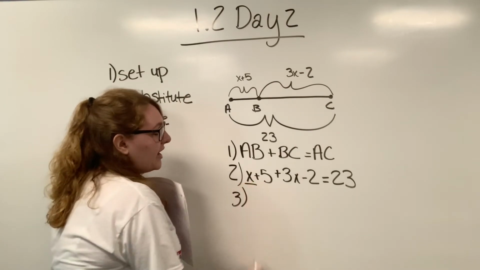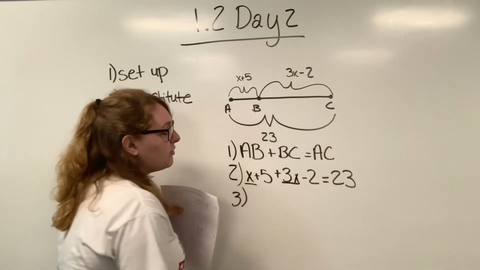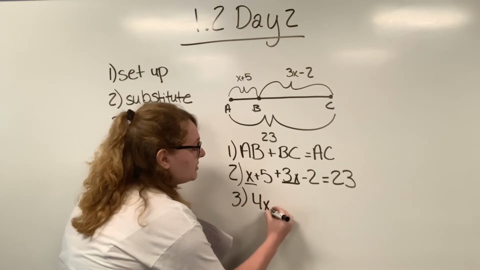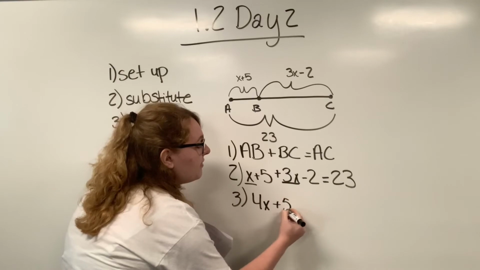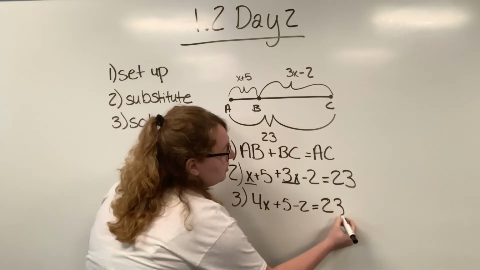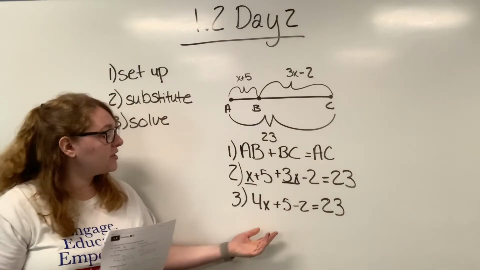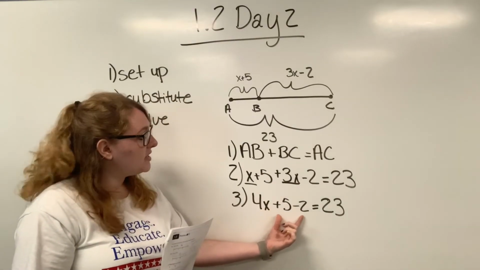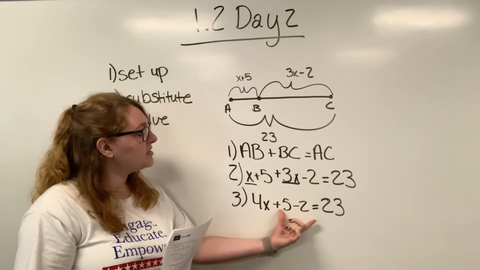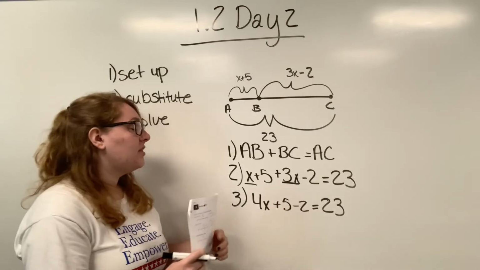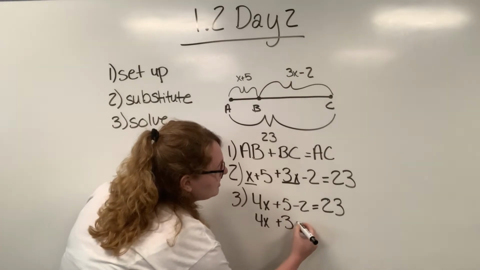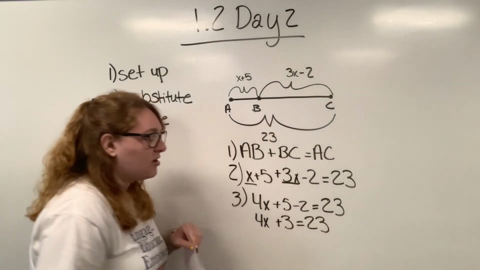I see a 1X here plus a positive 3X here. 1 plus 3, that gives me a 4X. And we still have our plus 5, and we still have our minus 2, and that still equals 23. Okay, so we'll leave our x's alone, but these two are like terms. So if we have plus 5 minus 2, these combine to plus 3. So we have 4x plus 3 equals 23.